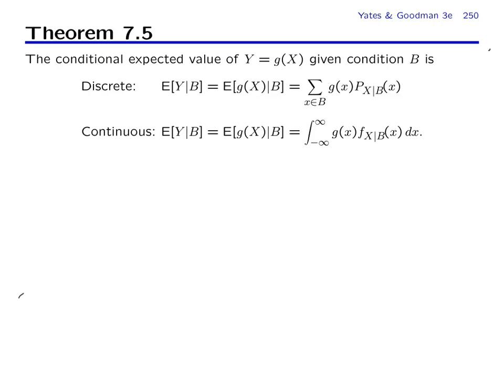So, for example, if g of X is equal to X squared, then we get the conditional second moment of X given B, and the continuous case would be the integral of X squared times the conditional PDF.